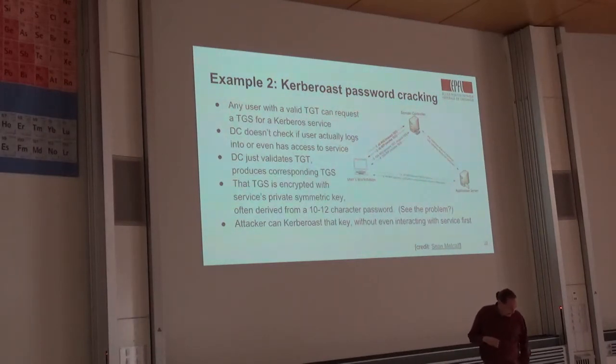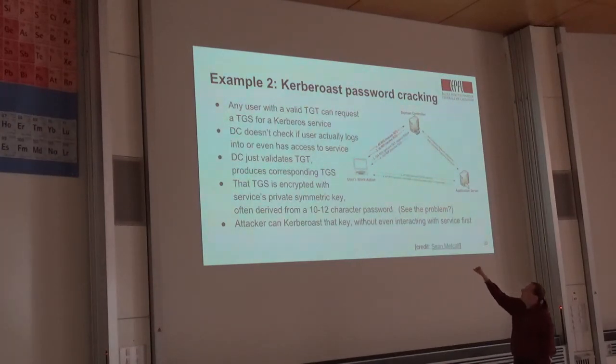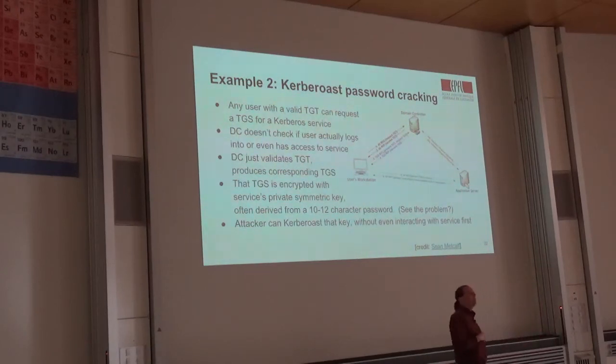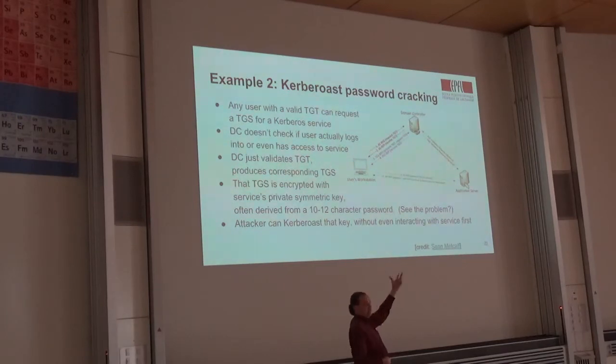Now, furthermore, the domain controller isn't necessarily responsible for checking whether Alice actually has access to this particular application server. Maybe she doesn't, but the application server is going to check the field in the ticket that says whether Alice has access.